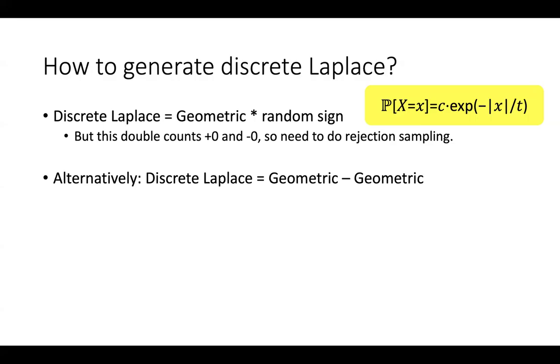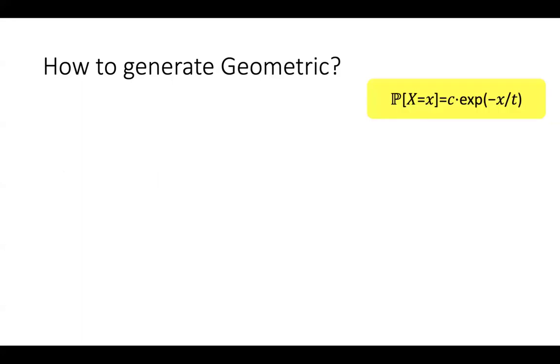Obvious next question, how do we sample a geometric random variable? So now we've gotten rid, the first reduction, we got rid of the squared to an absolute value. The second reduction, we got rid of the absolute value. So now we're just sampling e to the minus x as a probability mass function.